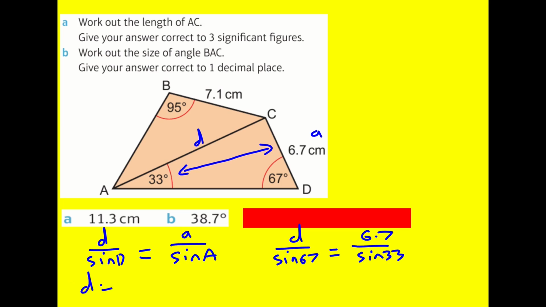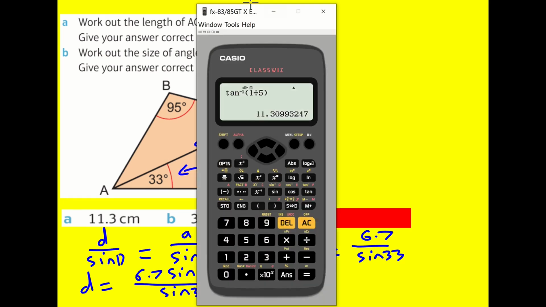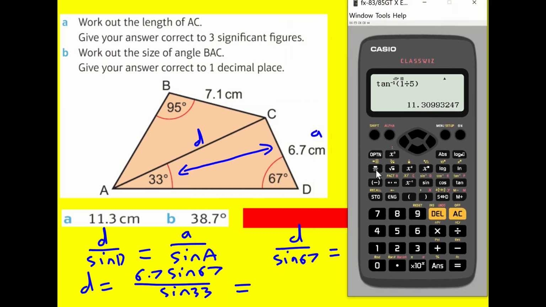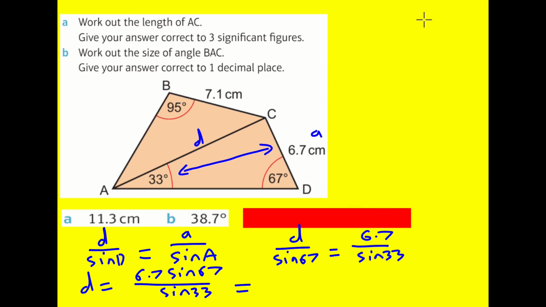So D is 6.7 times sine 67 over sine 33, which I'm hoping will be 11.3. Okay, 11.3237.